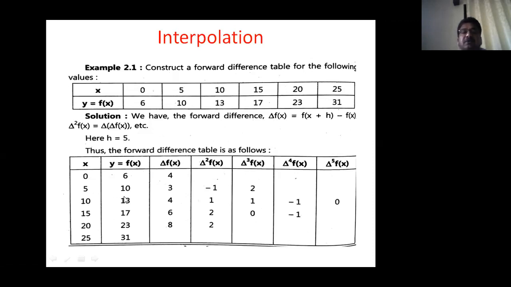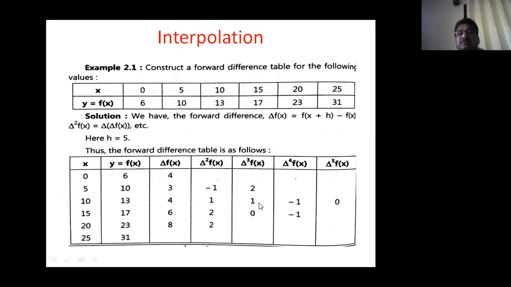Because the values are 6 in number, the first difference column, delta fx, contains 5 values. Then the delta square column contains 4 values.